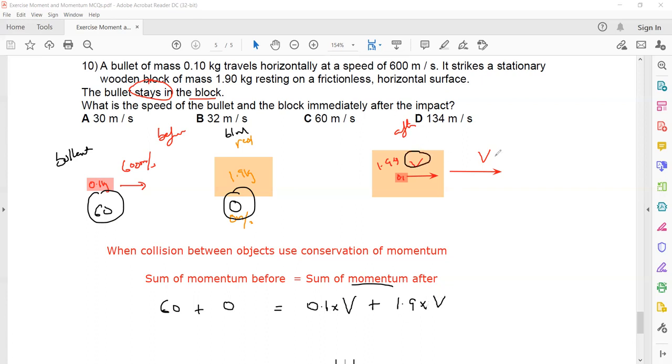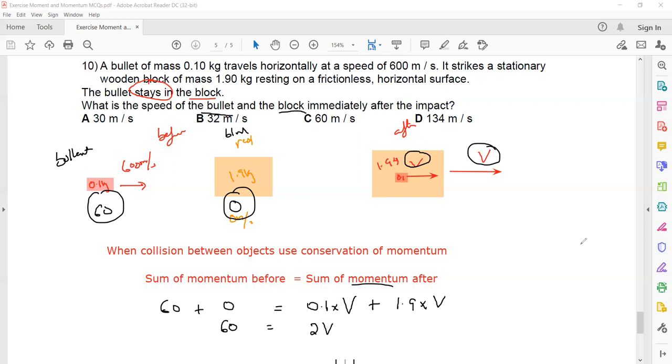Why do we take their velocities as same? Because they mention in the question that the bullets stay in the block. So if the bullets stay in the block, the speed of the bullet and the block will be the same. So now we solve like a mathematical equation. So 60 plus 0 is 60. 0.1v plus 1.9v is equal to 2v.